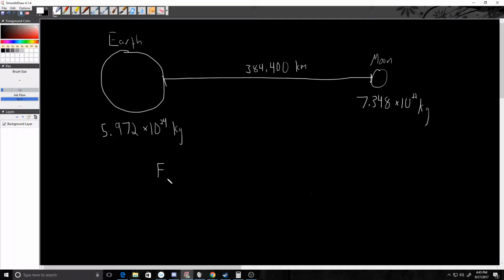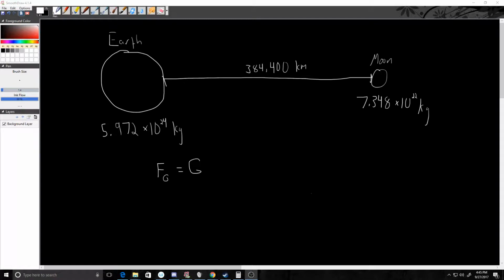What they found is that the force, I'm going to put a big G there just so that we know we're talking about cosmic gravity, not just acceleration due to gravity on Earth, is equal to big G. Big G is the gravitational constant.